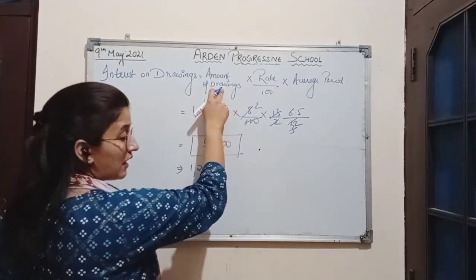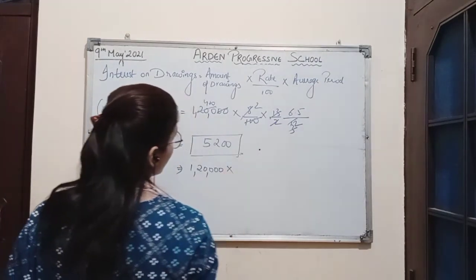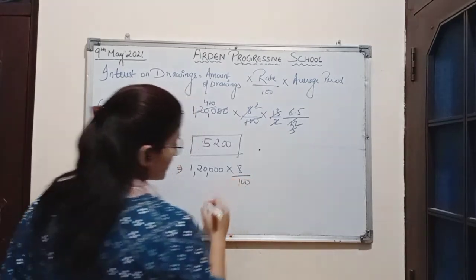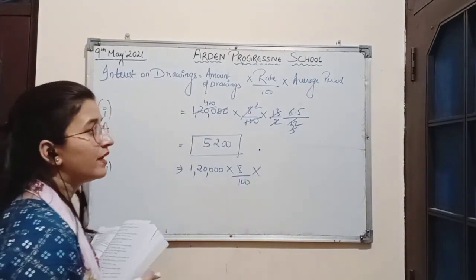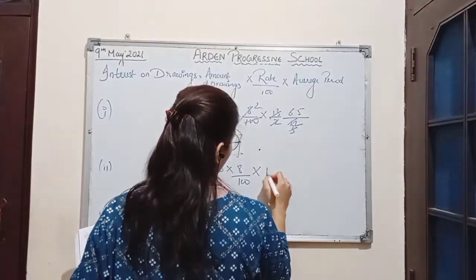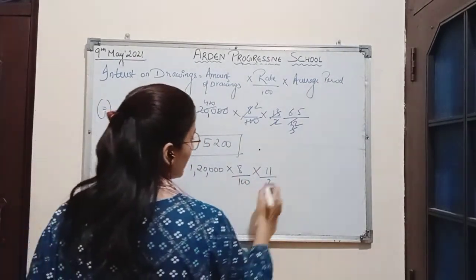So 1,20,000 is the total amount of drawings withdrawn by B in the whole year. Rate of drawings is 8% per annum. And average period in the second case was 11 by 2 months.